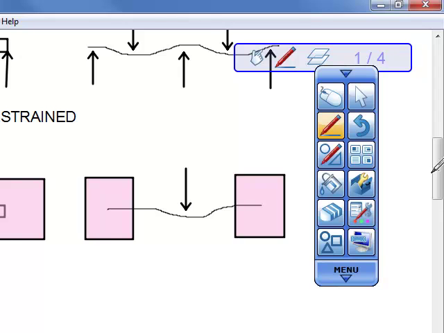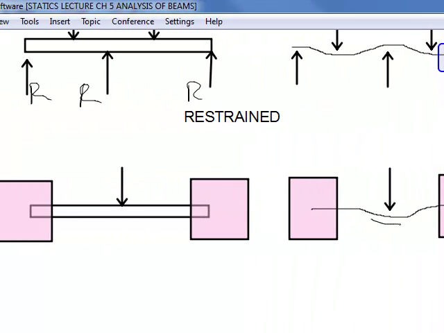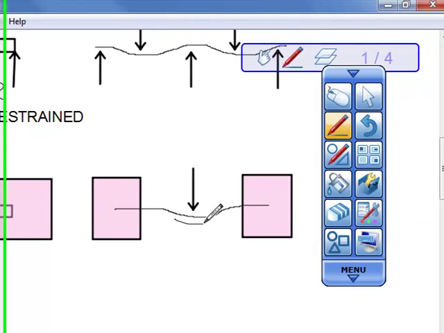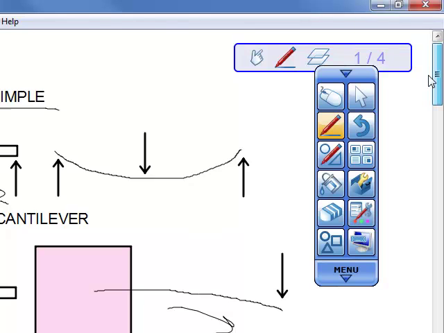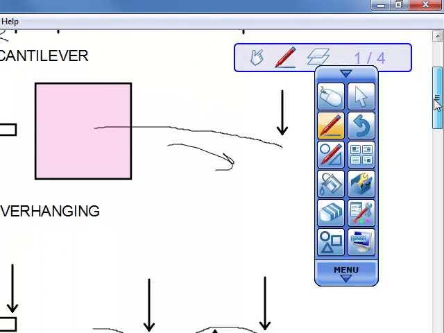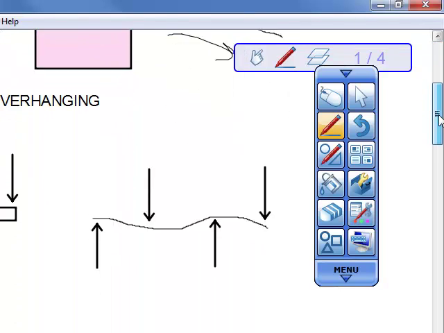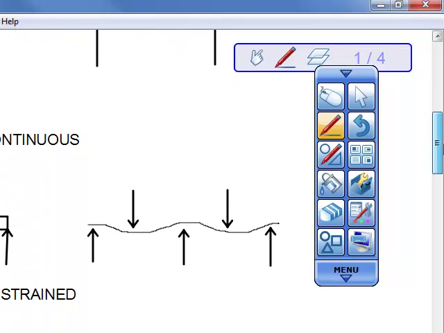And that would tend to act like that, where it would just bend down in the middle. So does everybody understand? You got how many types? You've got simple, cantilevered, overhanging, continuous, and restrained, and that's in your book as well. Any questions on that? Pretty easy. Okay.